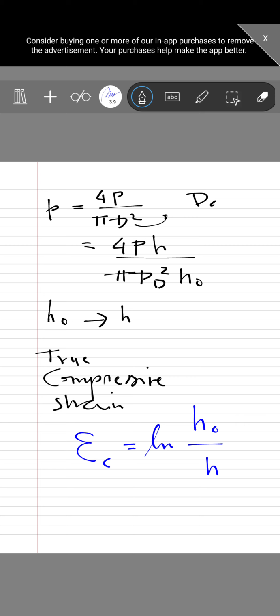Now if the compression test is done at a constant crosshead speed, the true strain rate continuously increases with deformation.